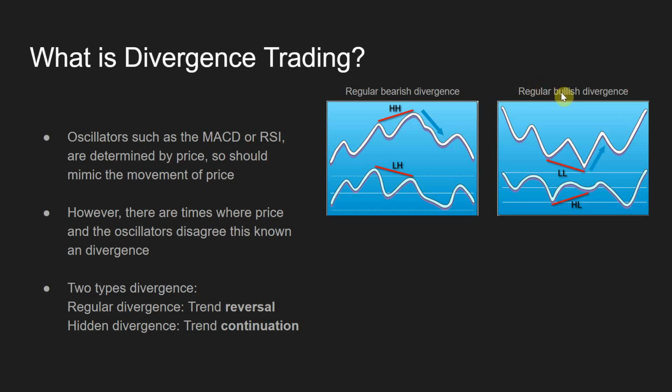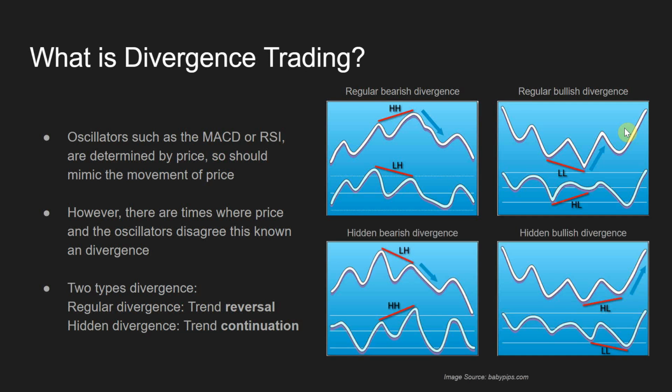The opposite is regular bullish divergence. Price makes a lower low and the oscillator makes a higher low, and therefore this downtrend could potentially reverse and start becoming an uptrend. Then you've got hidden divergence. From a bearish standpoint, this is when price makes a lower high and the indicator makes a higher high, and therefore price will continue towards the downtrend or short side.